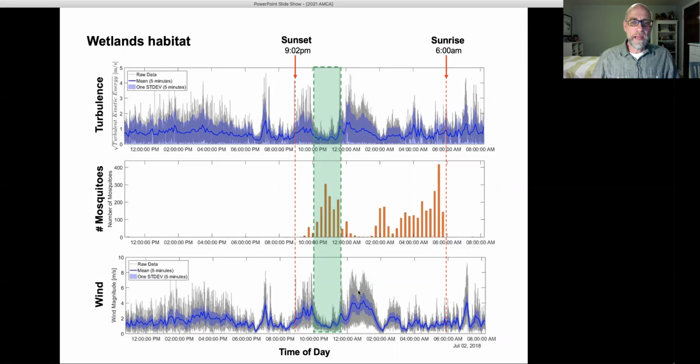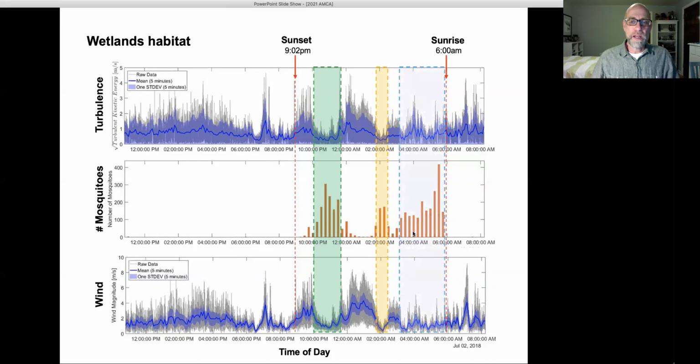Wind picks up, and there are no trap catches during this period, and the turbulence is also increased during this period as well. This is followed by a dip in the wind speed, and we see that there is another bout of activity, which is also correlated with a lower turbulence measurement.